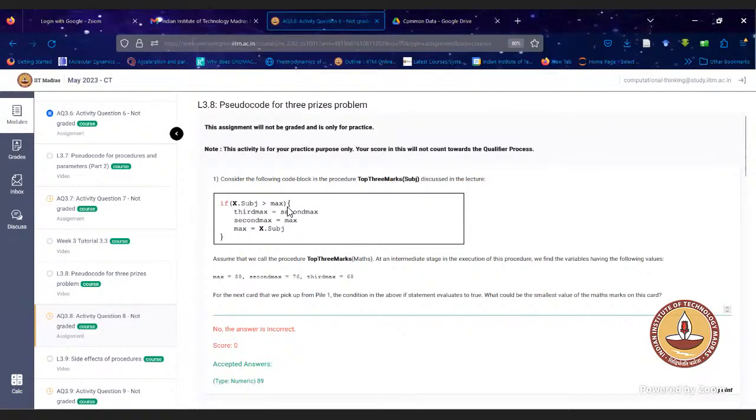Yes. But if we take 89, then this data will change. Maximum will be 89, second max will be 88. The data has to change, right? Because it says that the condition in the above statement evaluates true. That means this statement is true, so x.subject mark is higher than max mark.